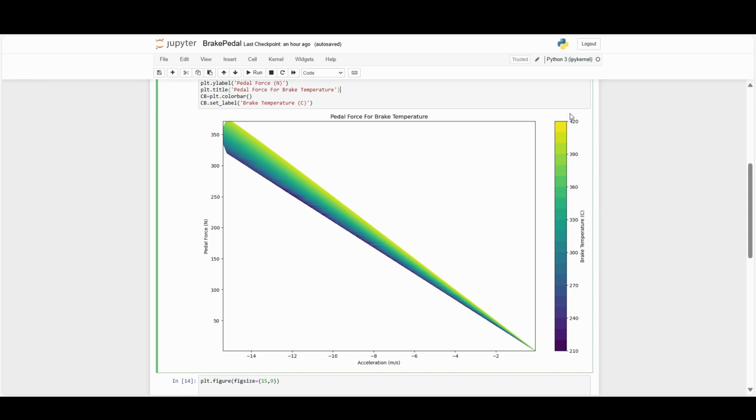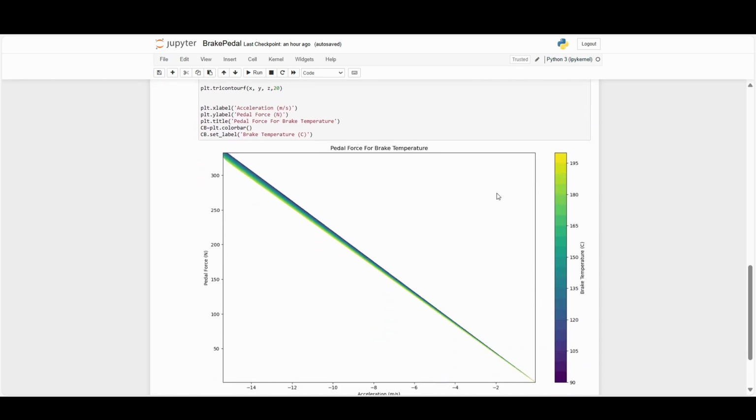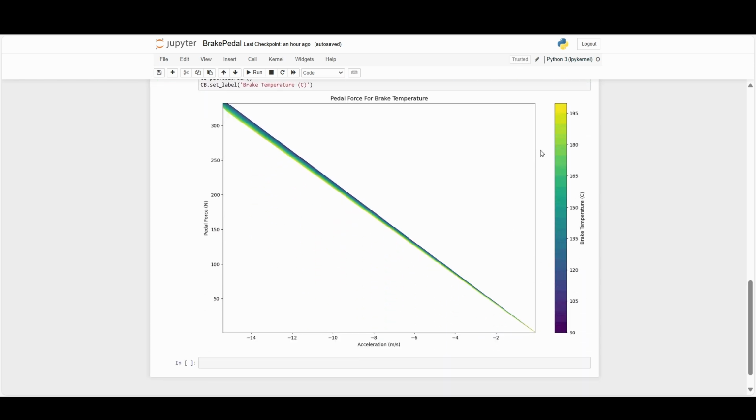So we can see here, looking at the color scale, as temperature increases, we require more brake force because the coefficient of friction at these temperatures starts reducing based off that BP20 brake pad that we're looking at. And I did the same for the rear. We see it's the opposite.